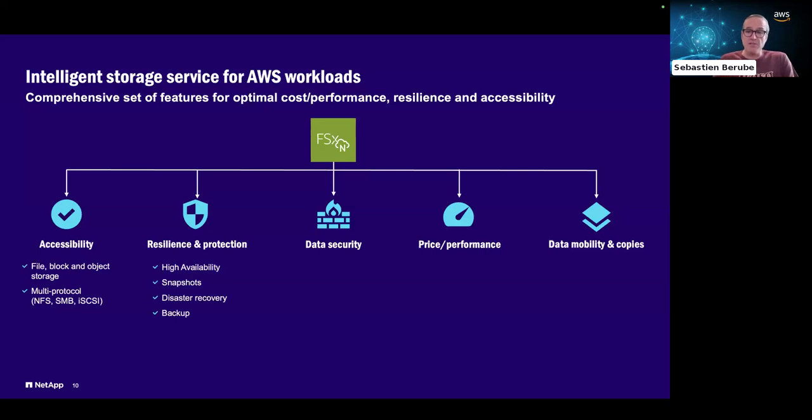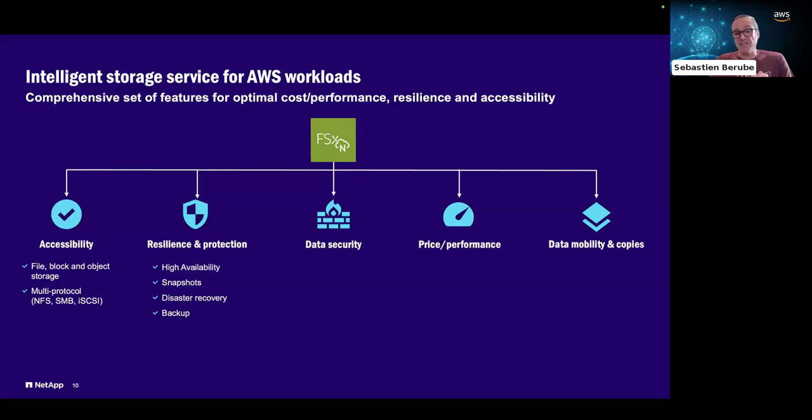There's no data movement associated with the snapshot. It just takes the blocks, makes them immutable, and any further change is written somewhere else. That also means that restorability is near instantaneous. You can restore a snapshot that you've taken, whether it's a 1 GB volume, a 100 GB volume, a 10 TB volume, in a matter of seconds and make that your primary, your active data set again.